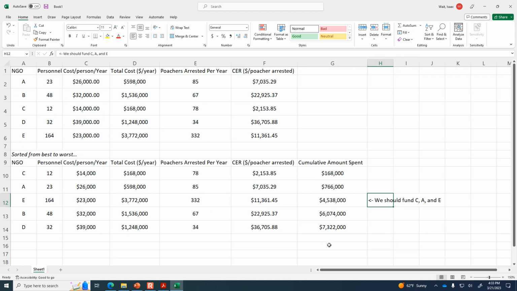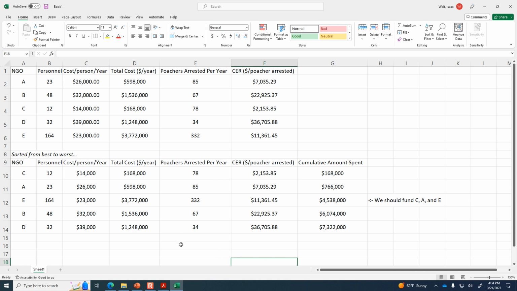Yeah, it is. Now, the last part of the question was how many poachers can we expect to arrest if the previous trends continue to hold true into the future? If we have C, A, and E operating, their past performance was these numbers of poachers per year.